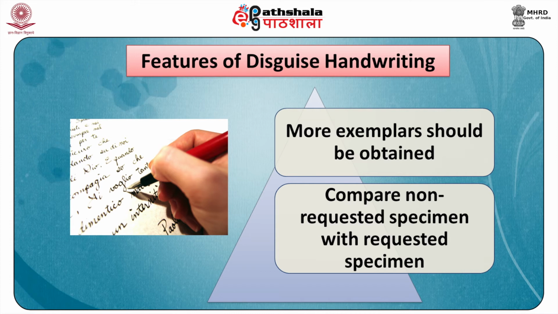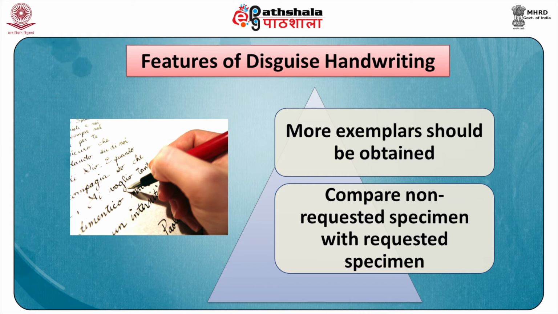However, most are unable to maintain a disguise when they have to write a large amount of material, such as an entire letter or several exemplar forms. Therefore, it can be seen that if a single signature is questioned, the writer might be able to successfully mask his identity, while his chance of being identified increases as he continues to write.